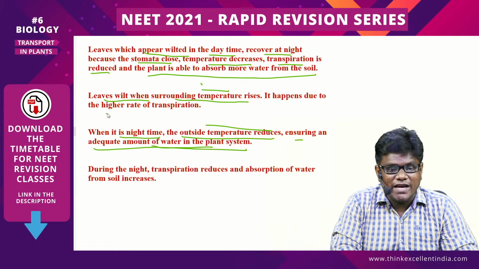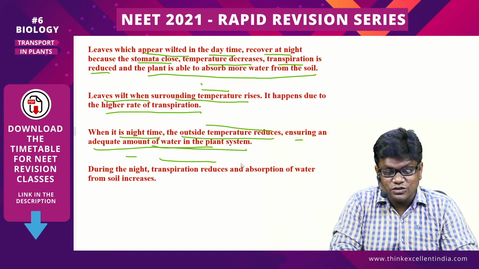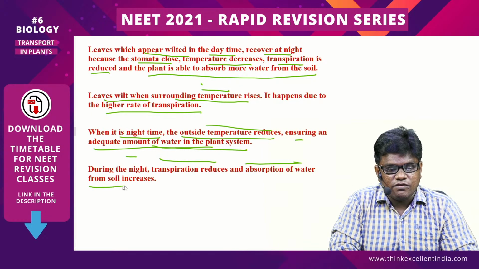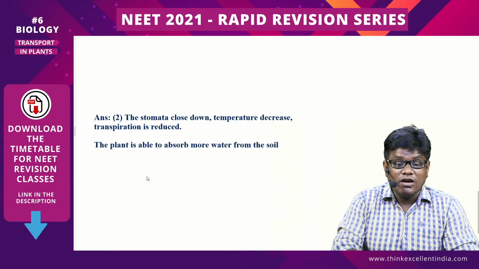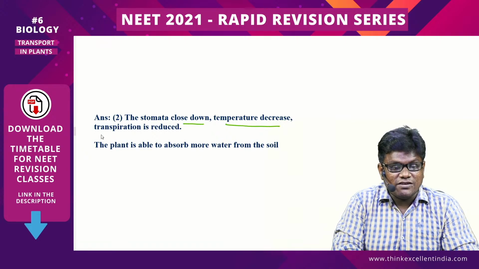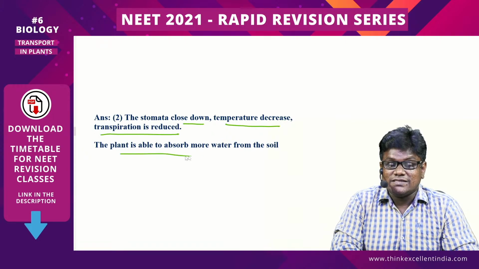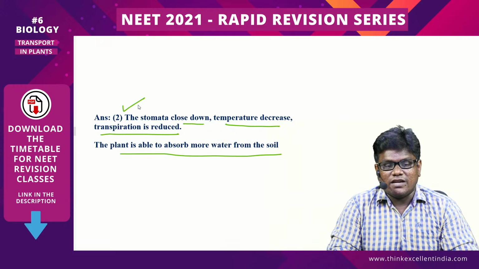It is due to a high rate of transpiration. So during the night, transpiration reduces and absorption of water from the soil increases. So this reason gives you: the stomata close down, temperature decreases, transpiration is reduced, and the plant is able to absorb more water from the soil. So option 2 is the right answer.